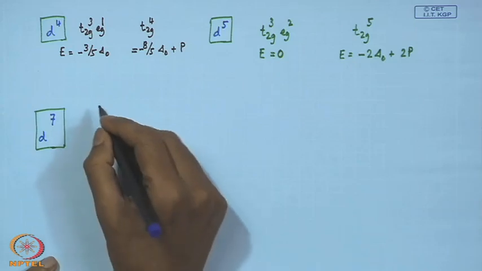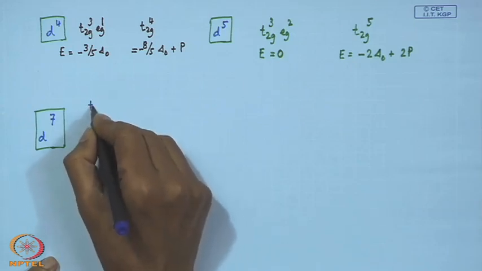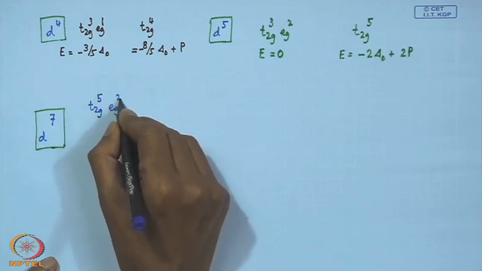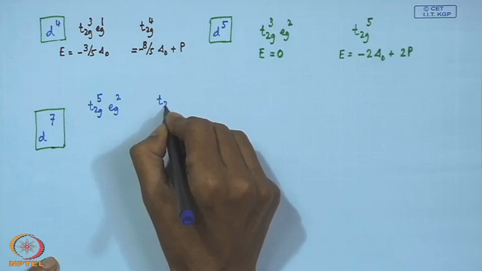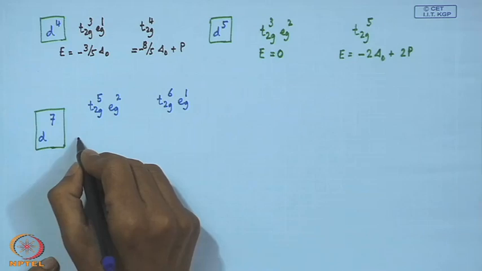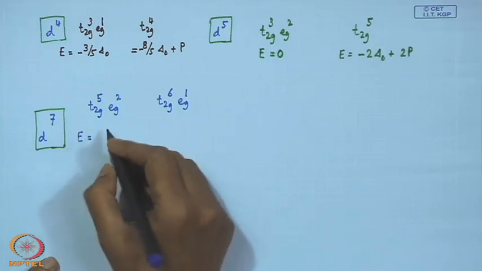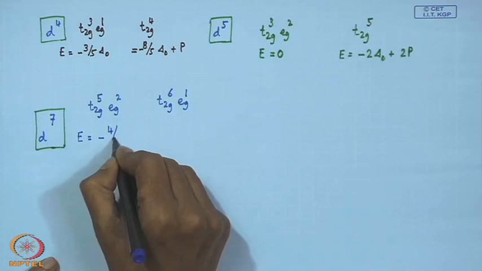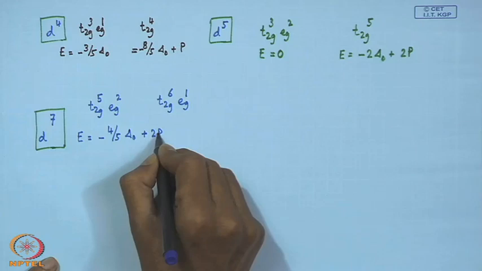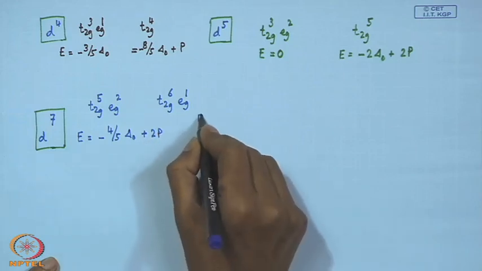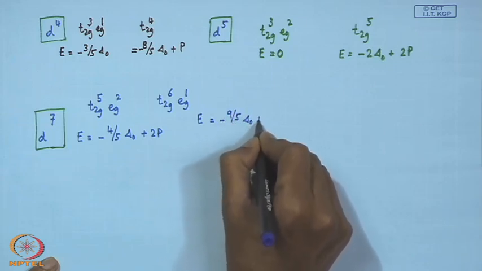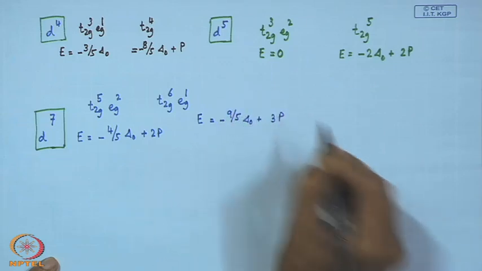And for the d7 situation we have t2g5 eg2 and t2g6 eg1, and in the former case E is equal to minus 4/5 delta O plus 2P, and in the latter case, it is equal to minus 9/5 delta O plus 3P.